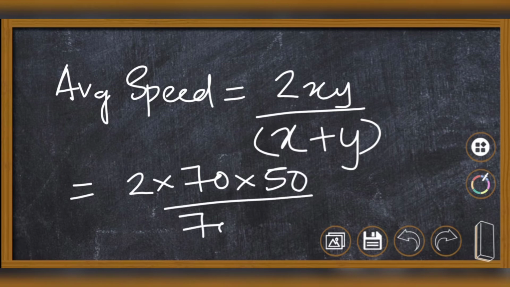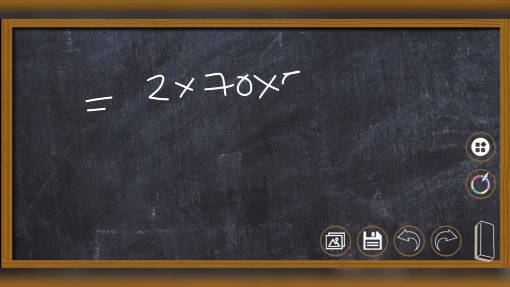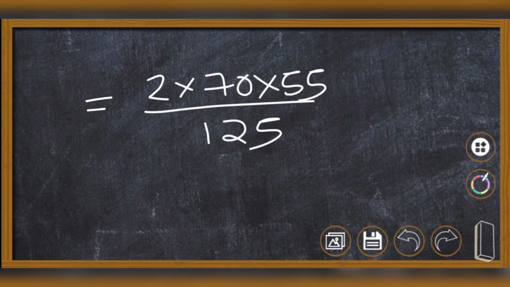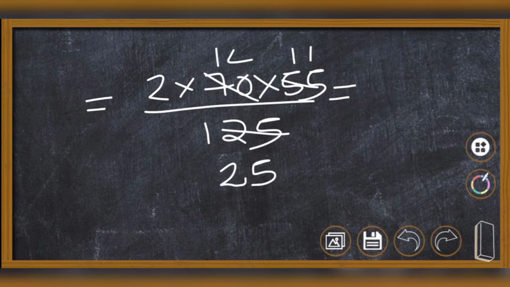So 2 into 70 into 55 divided by 70 plus 55, that gives you 125. Okay, so 55 and 125 get cancelled by 5, it's 11, and in the bottom it's 25, and with 5 we can cancel 70 by 14, and here it's 5.